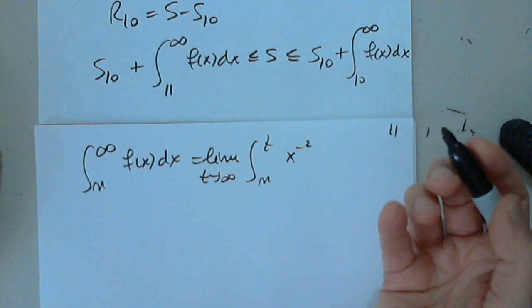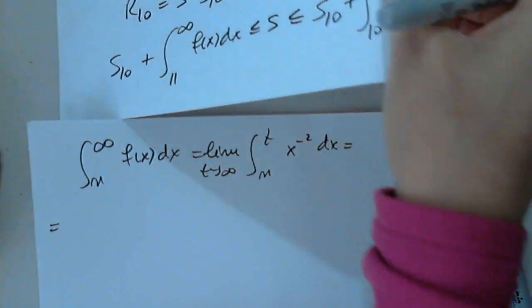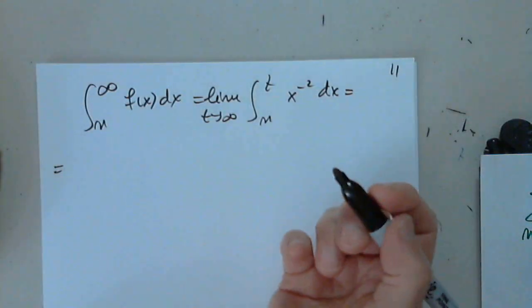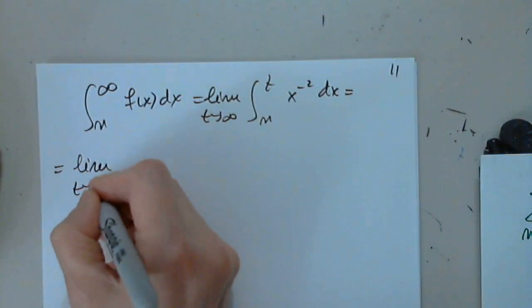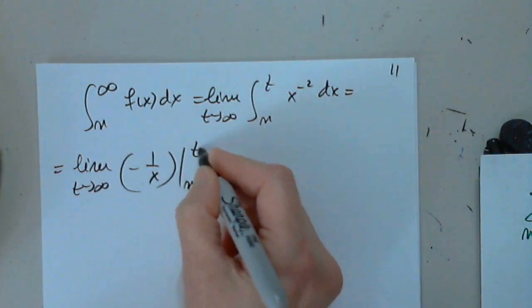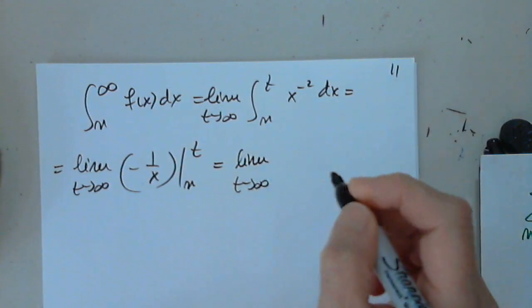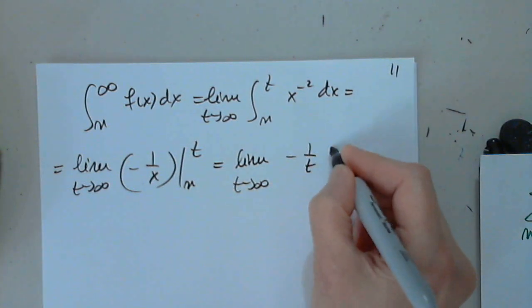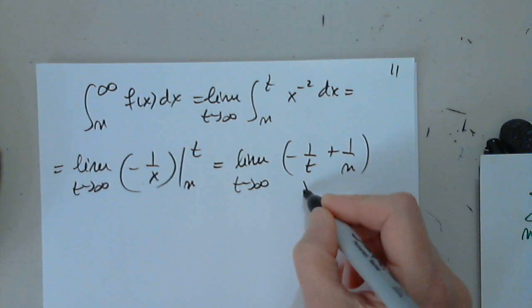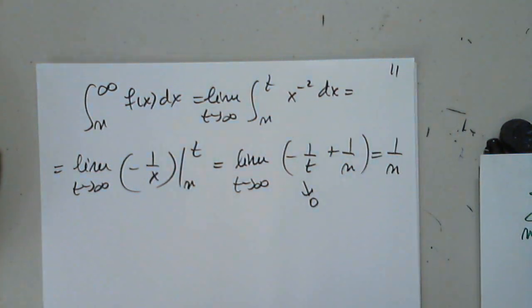I can directly write -1 over x, but just in case you don't remember that, I put it in a different form for you. So this is -1 over x from n to t. This is the limit as t approaches infinity of -1 over t plus 1 over n. This approaches 0 as t approaches infinity, so the answer is 1 over n.